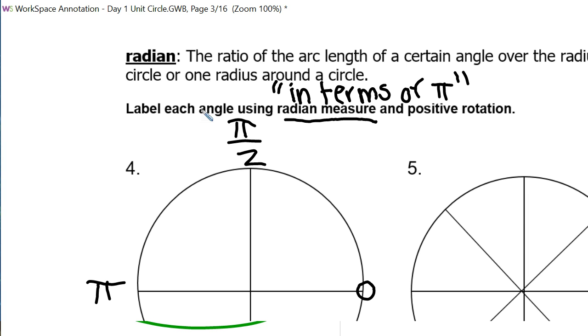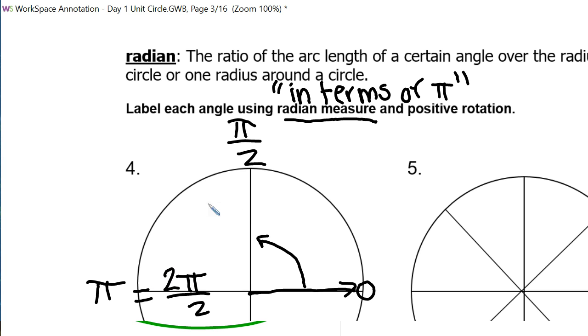Now, when it talks about positive rotation, again, we're starting at the positive x-axis, and we're rotating counterclockwise. So here would be 1 pi over 2. Over here, if I keep rotating, technically it's 2 pi over 2, but we always leave our answer in simplest form. So that one's pi. If I rotate again, this one would be 3 pi over 2.